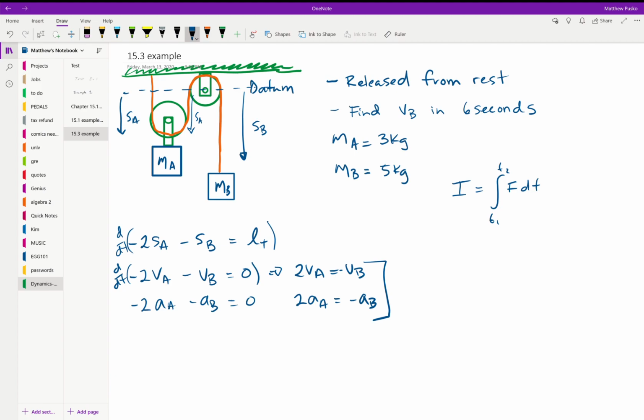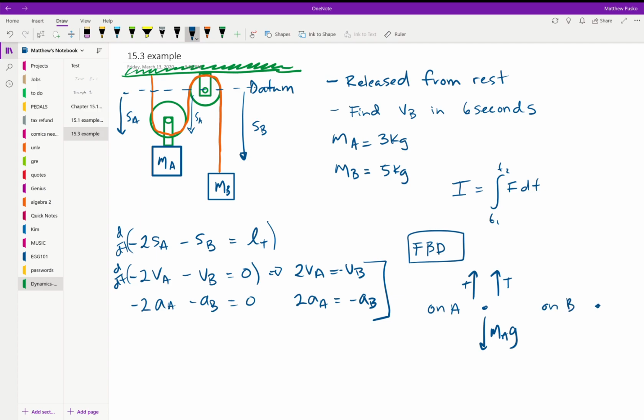I see two masses. I think they deserve some free body diagrams. Alright, on A, I see two tensions going up, and I see mass of A times gravity going down.